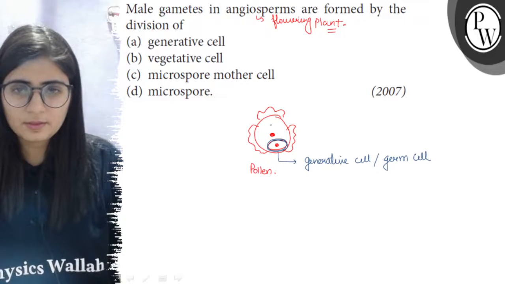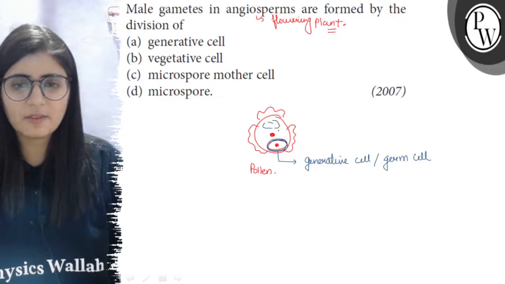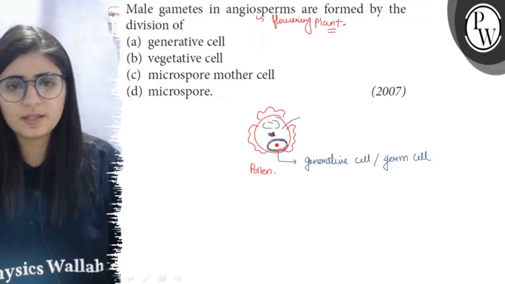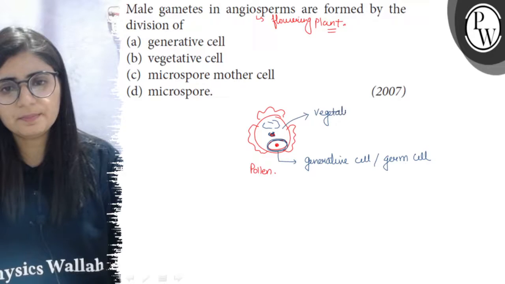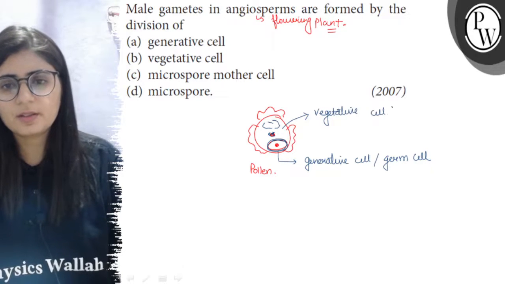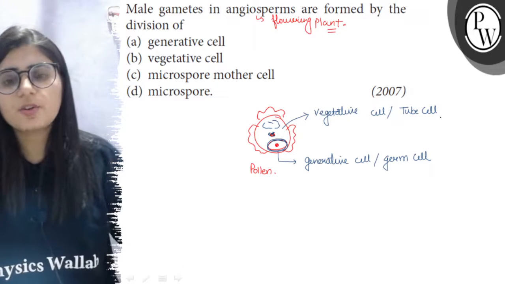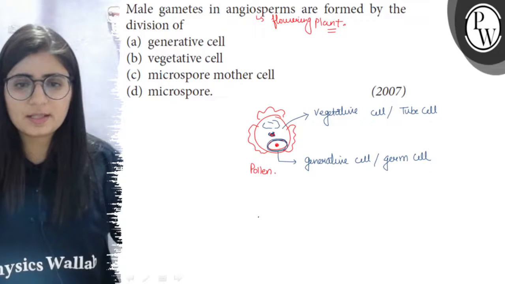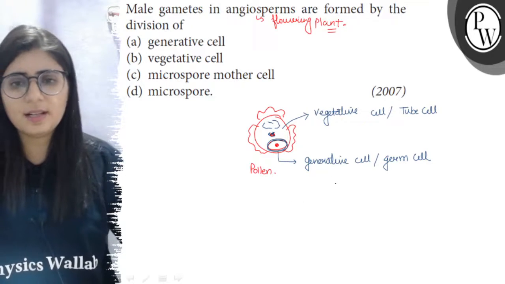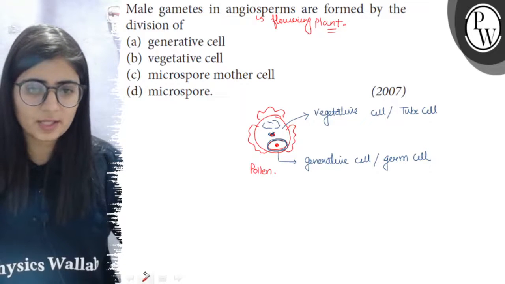And the one which is of larger size with the vacuole and an irregular nucleus, this larger cell is known as the vegetative cell or the tube cell. So this is the structure of a pollen grain at two-celled stage. One is the generative cell and the other one is the vegetative cell.